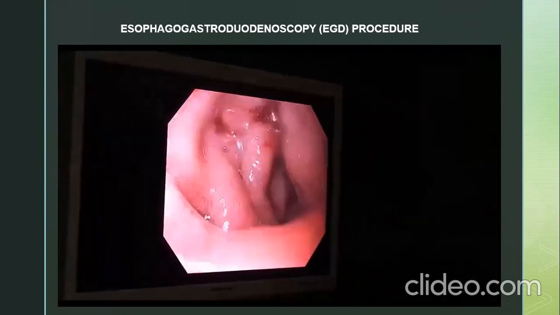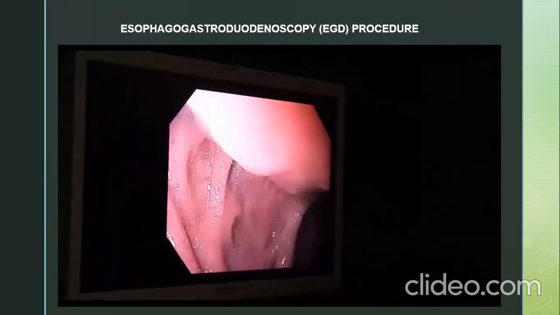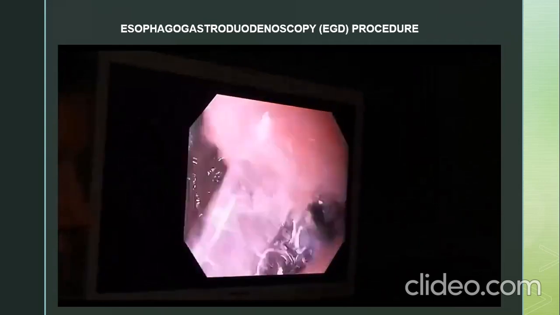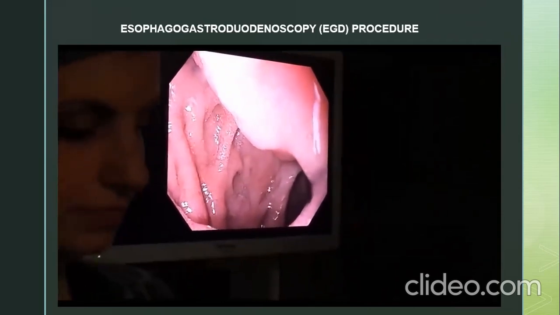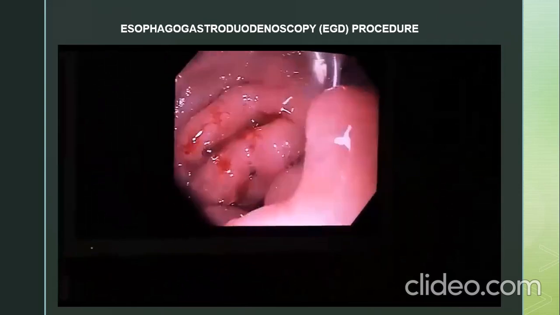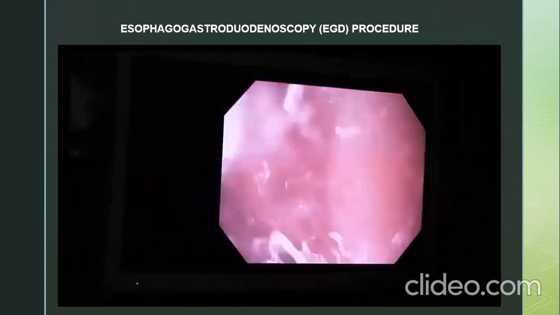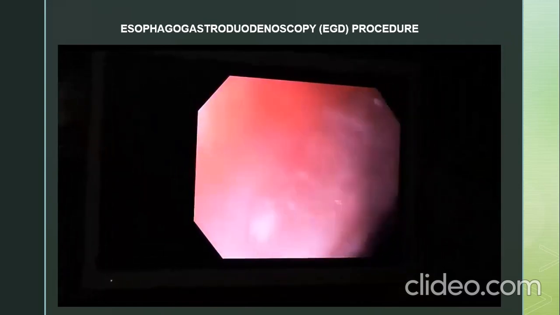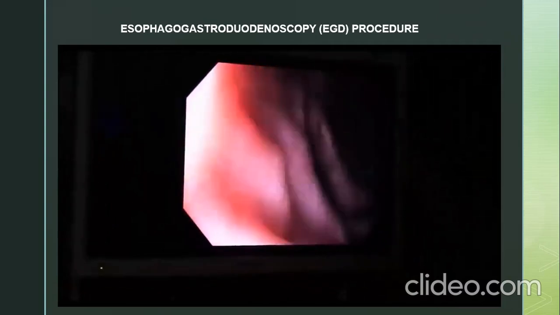Getting a little bit more Versed and fentanyl. Blood pressure's hanging up there good. Now, are you seeing anything on this at all? Well, there is this mass-like protrusion down here that you see. Might be a dilated bile duct or something like that. You need a side view scope.